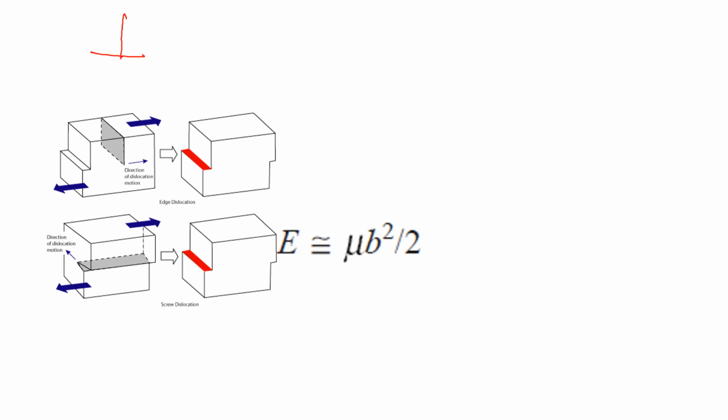So at this region there will be a compression, and this is one type of edge dislocation. That produces a compressional strain there. If we are considering screw dislocation, it produces a shear strain along the dislocation line. Whatever it is, there is an elastic strain associated with the dislocations.